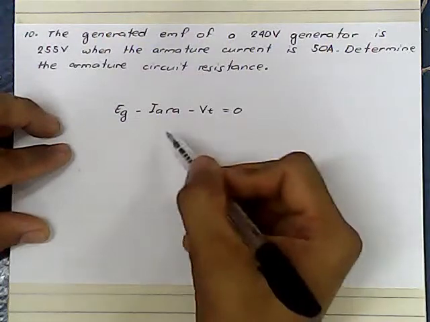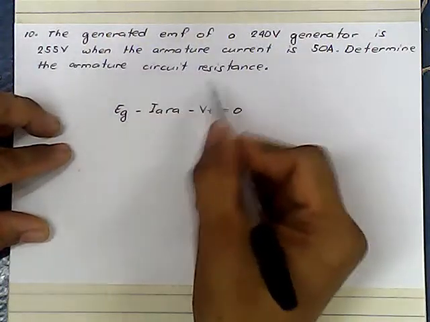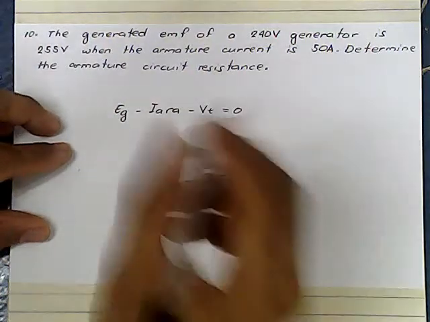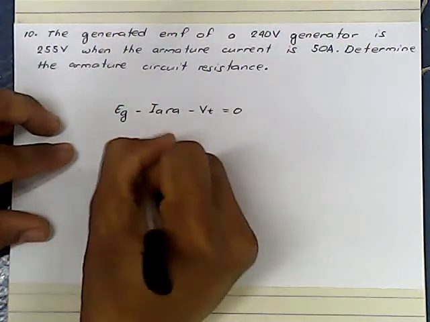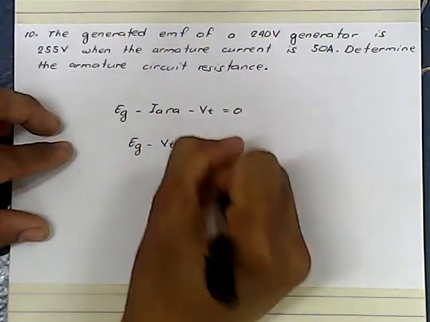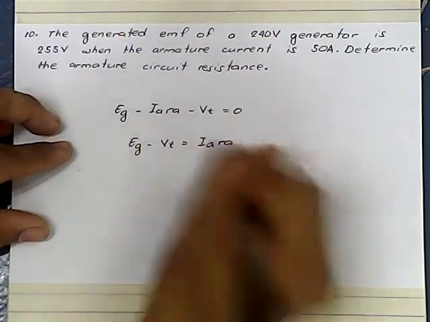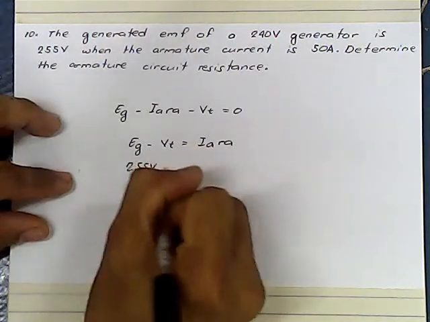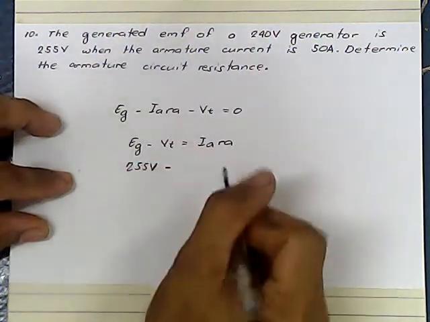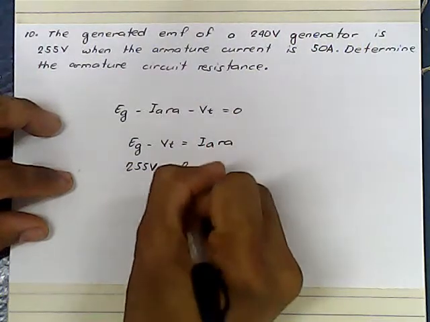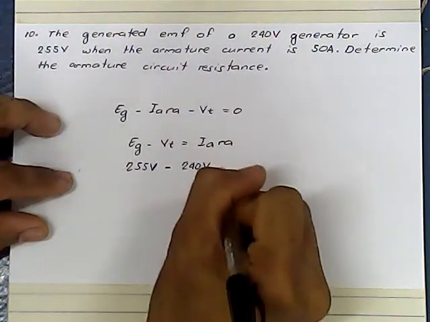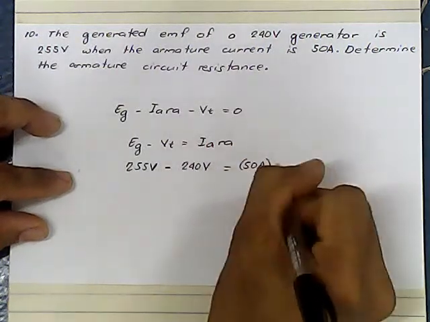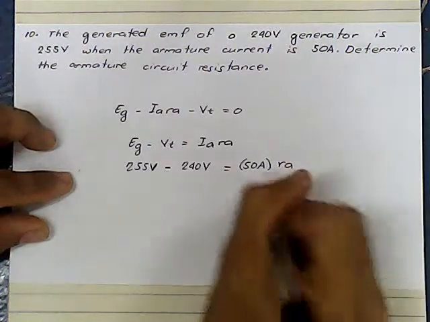Yan. So, ang hinanap natin ulit ay the armature circuit resistance. Again, ito transpose natin sa kabila, magiging positive po yun. So, EG minus VT is equal to positive IARA. EG is given as 255 volts minus the terminal voltage, 240 volts, is equal to 50 amperes multiplied by RA.